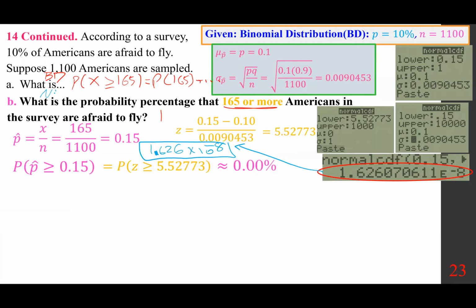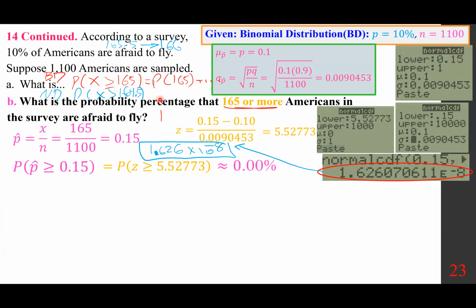To go with normal distribution, we either have to add 0.5 or subtract. If I add 0.5, I get 165.5, the next number is 166, and I'm going to miss 165. So it has to be larger than, whether you put the equality or not, it doesn't matter, 164.5. If you were to use that methodology, this is a 0.5 continuity correction factor, and you can do it that way.